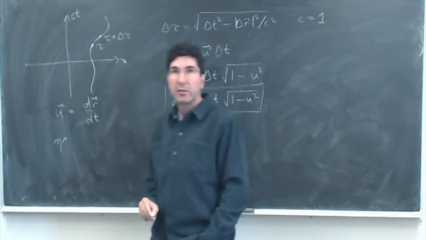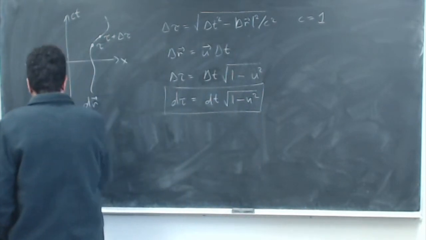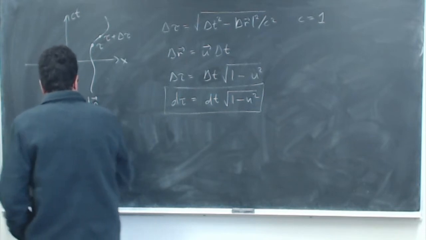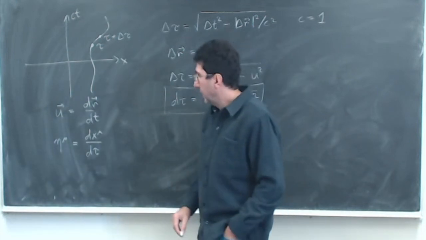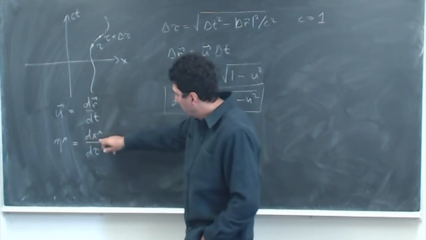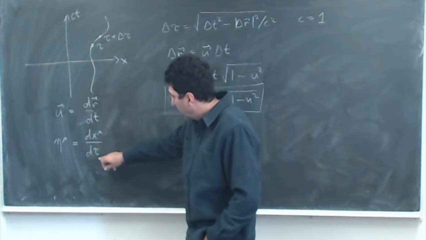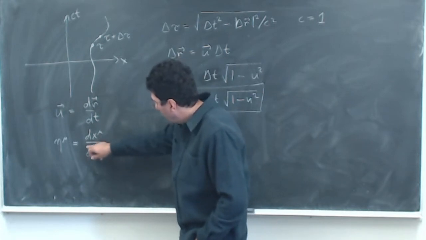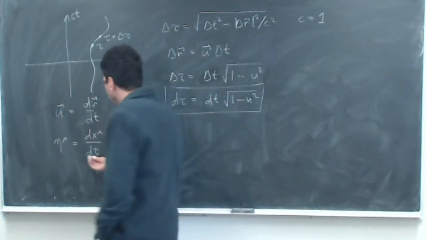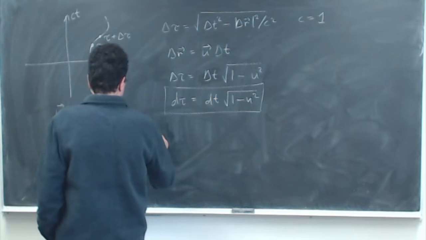Again, this is terrible Griffiths notation, but I'll follow it. So eta mu is dx mu d tau. What we're doing here is taking the 4-vector position of the particle, x mu, and differentiating it with respect to, or dividing it by, the change in proper time. And this quantity, therefore, is by definition a 4-vector.